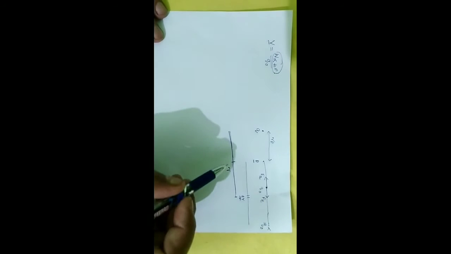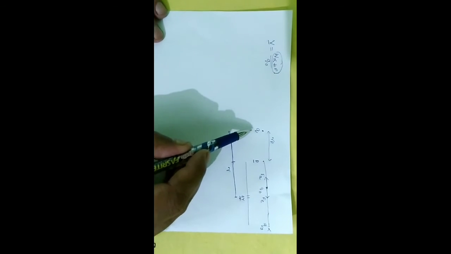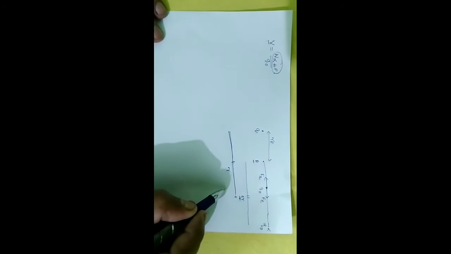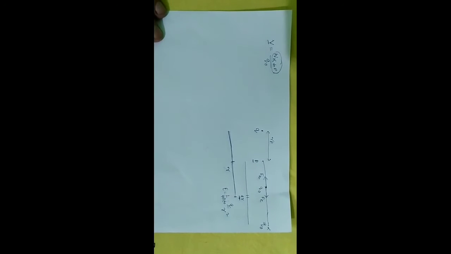And the electric field because of this source charge at this distance is equal to 1 upon 4 pi epsilon naught Q by r square. So this is the situation.